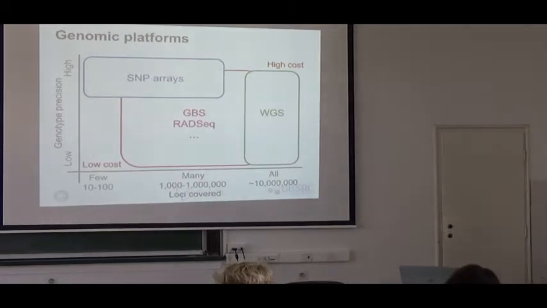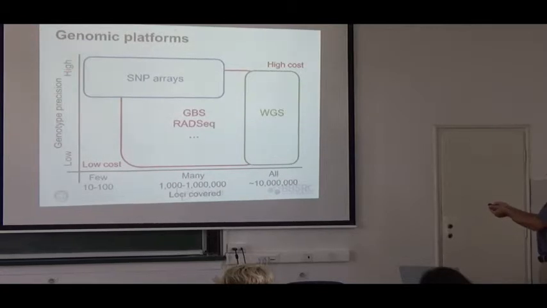So with both SNP arrays and sequencing technologies in mind, we can draw this plot where I'm trying to bring all the different genomic platforms onto one scale, where we are looking at how many loci we are targeting, from just a few, 10, 100, or actually the whole genome. That's one dimension. The other dimension is how accurate the data is, from rather uncertain to really certain.